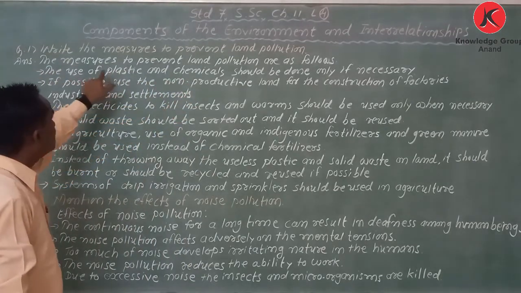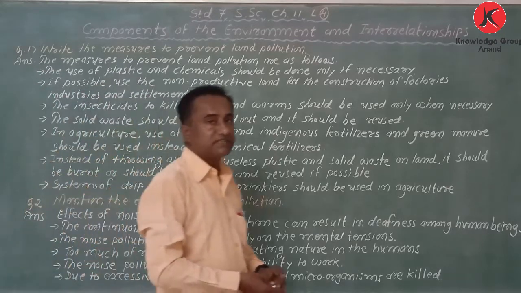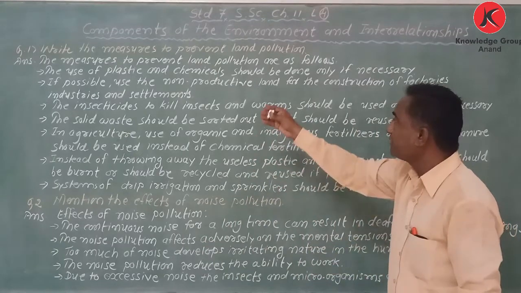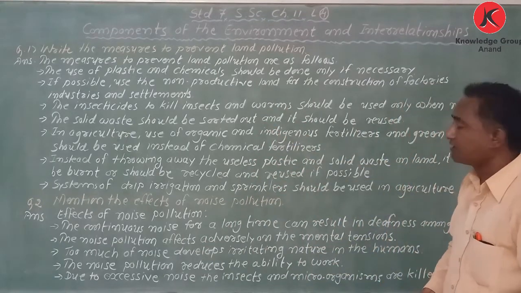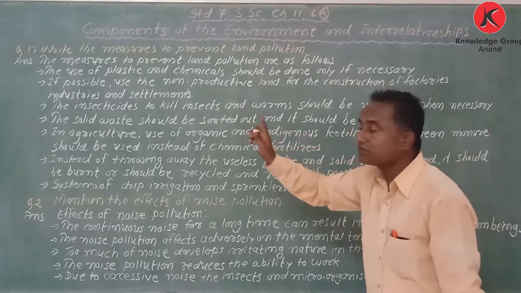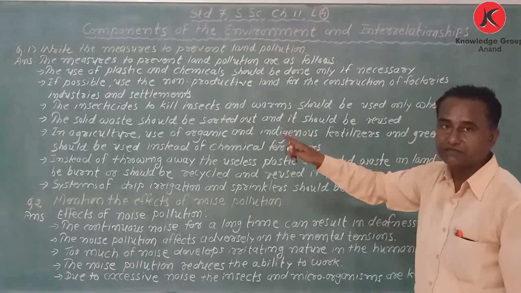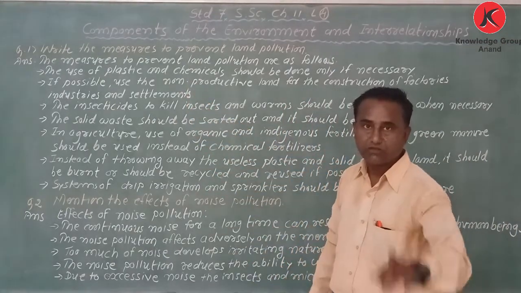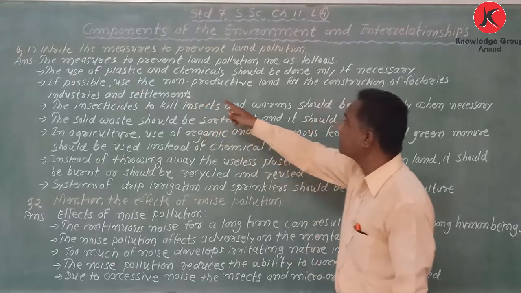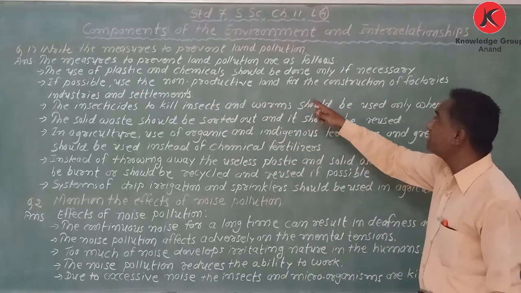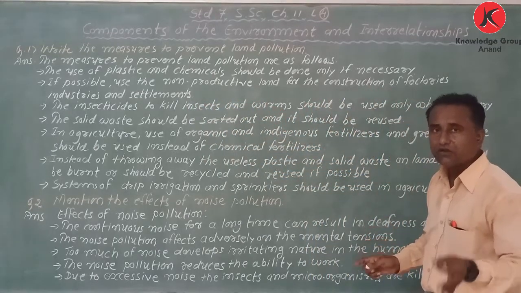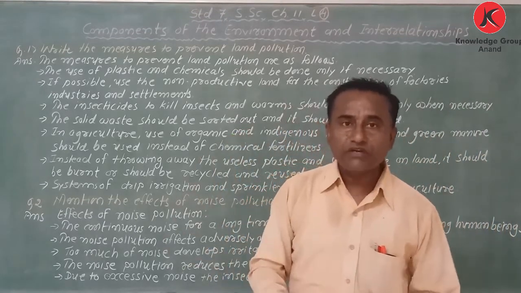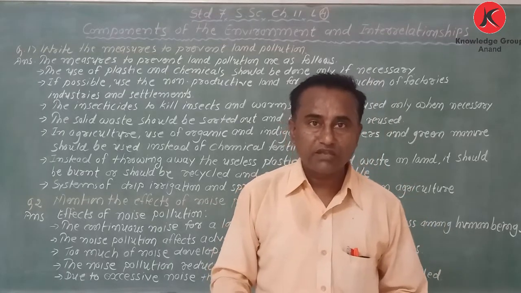Answer: the measures, measures means steps, to prevent means to stop land pollution are, which are they? Number one, the use of plastic and chemicals should be done only if necessary. Okay, when there is no need, don't use.